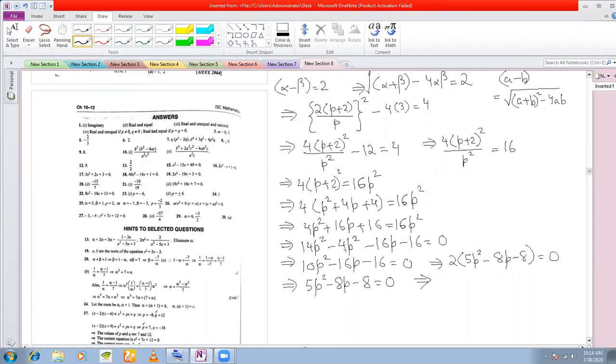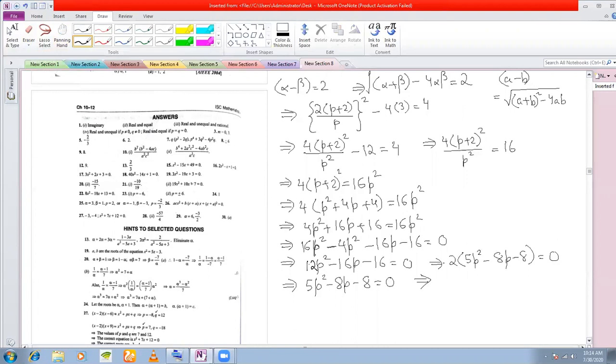Now if I take everything there, you get 16p square minus 4p square, minus 16p minus 16. So 16 minus 4 is 12, it should be 12.